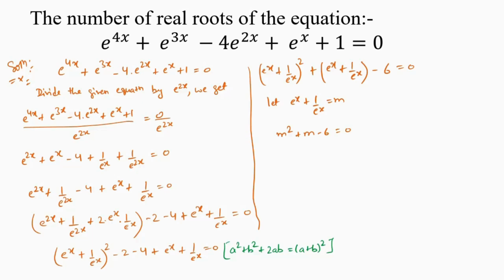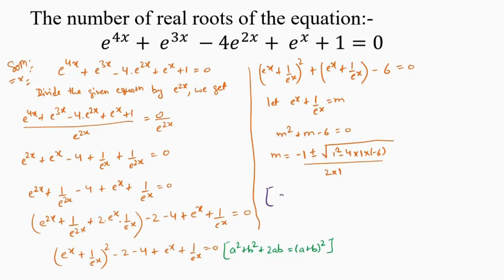Now we can calculate the value of m by using the quadratic formula, that is m equals minus 1 plus minus under root 1 square minus 4 times 1 times minus 6, divided by 2 times 1.